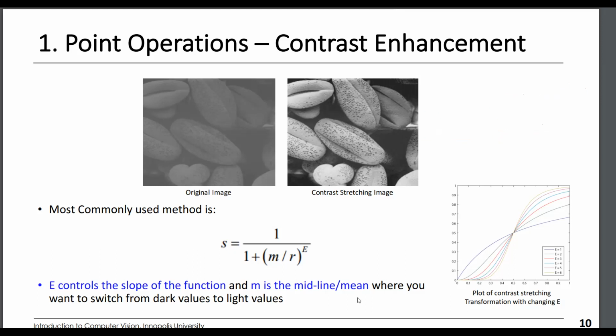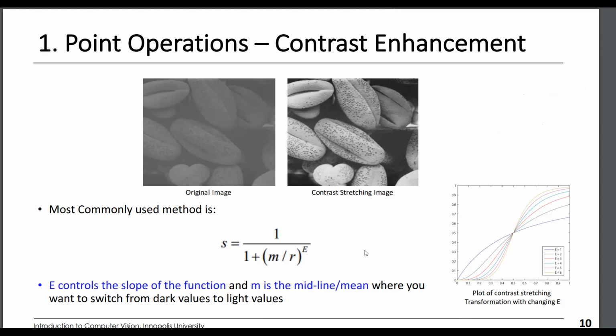And here is the formula to do that. S, the contrast stretched pixel, equals 1 over 1 plus M over R, to the exponent E, where M is the mean and R is the original image. E is your hyperparameter, and as you can see, it controls how much contrasting you are doing. The higher the E, the more contrasting is happening.